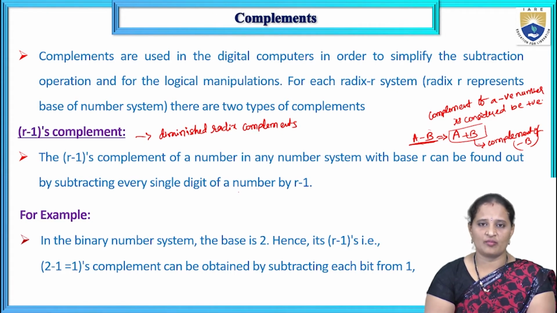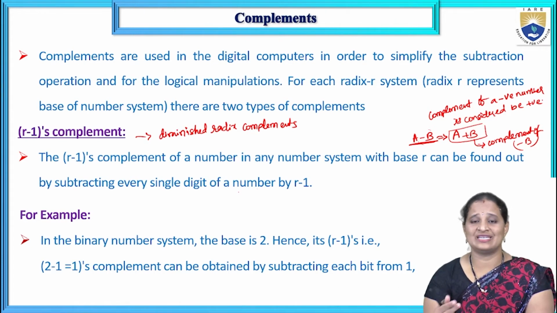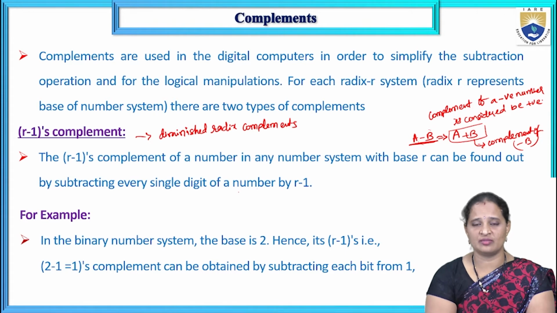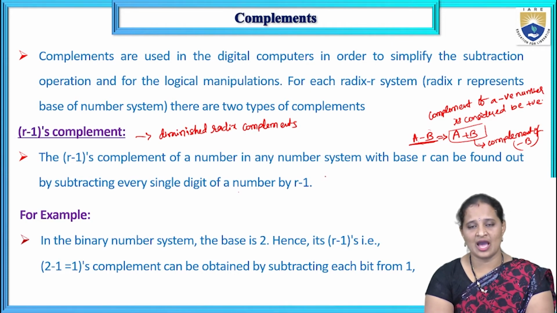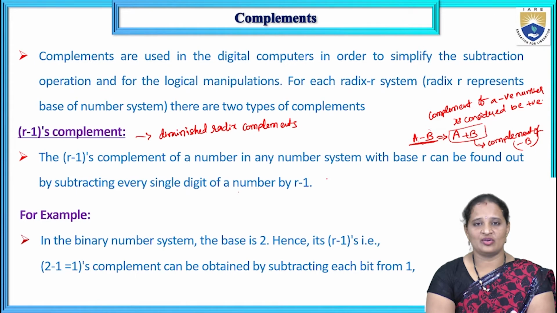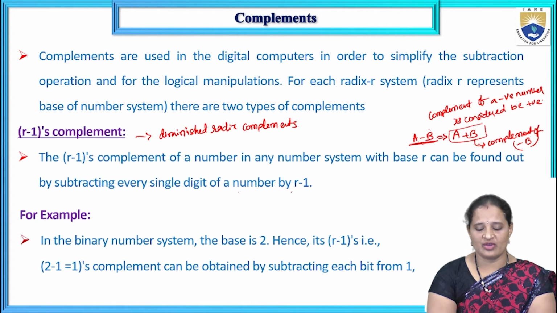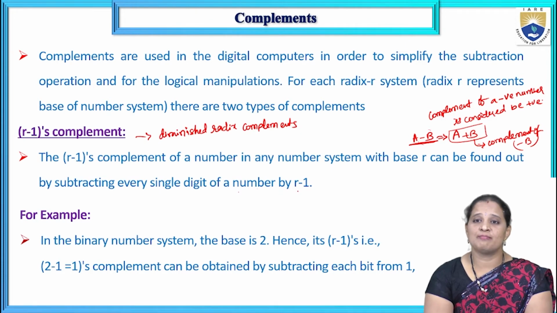Why are we going for the complement? In order to convert a negative number into a positive number, such that subtraction is also possible by the adder. So for a number in any number system with base r, the complement can be found by simply subtracting each digit of the given number from r minus 1, where r is nothing but the base.